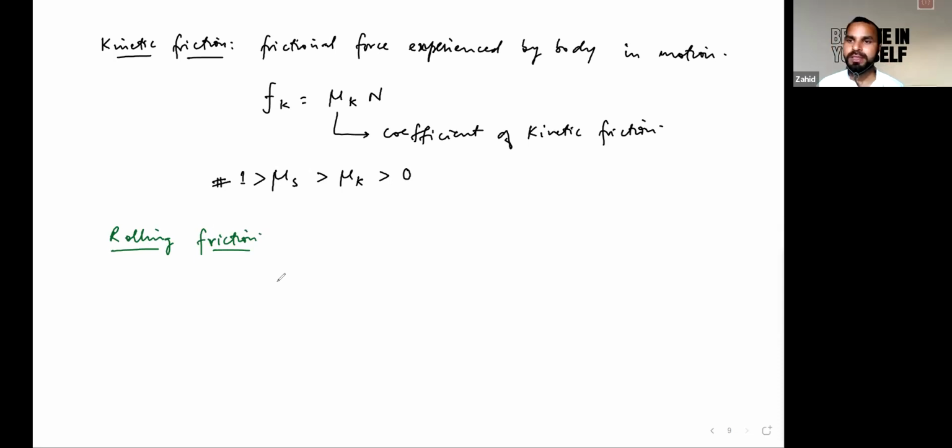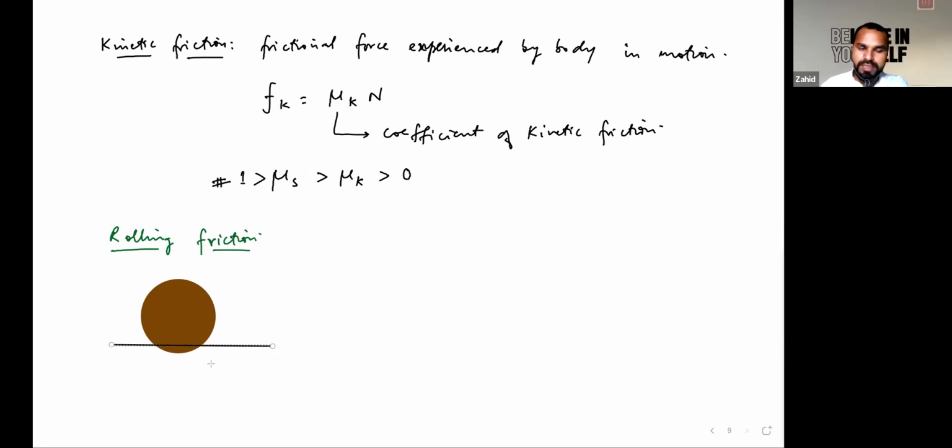Rolling friction is basically due to deformation. Suppose there is a wheel going along a track like this.